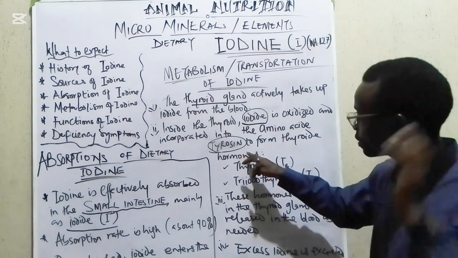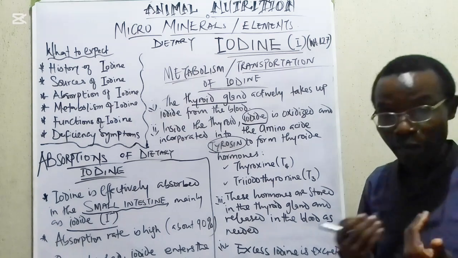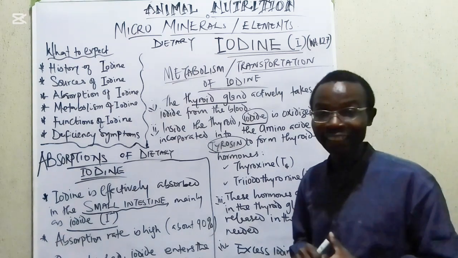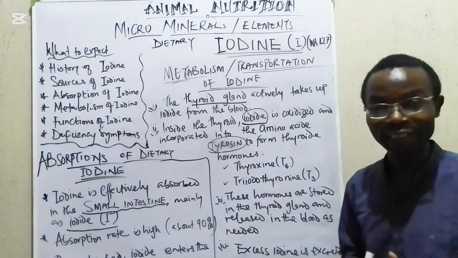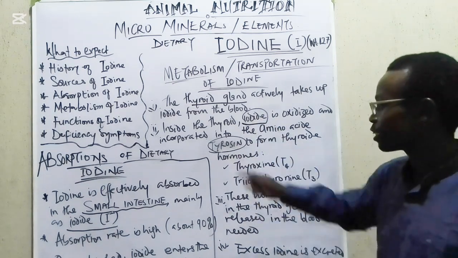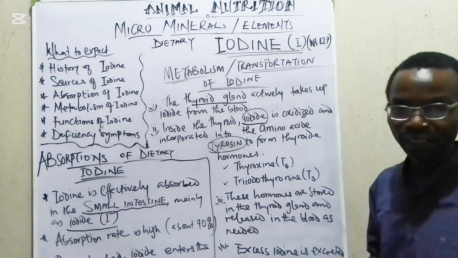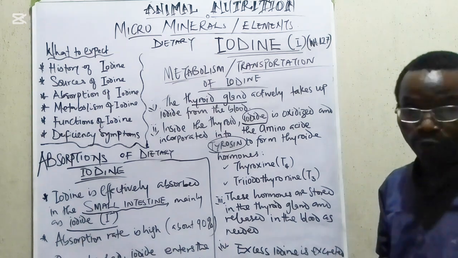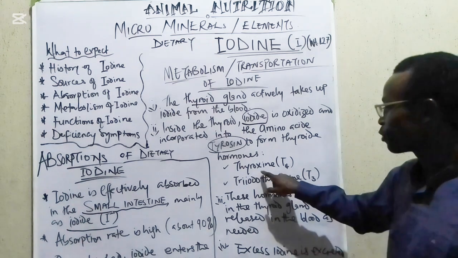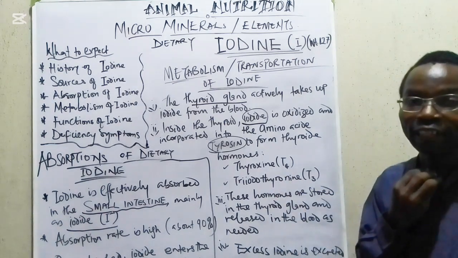So from this iodine, or iodine, depending, in my part of the world it is called iodine, and I think in the United States you call it iodine. So iodine and tyrosine combination forms about three hormones. One of them is thyroxine, which is produced in the thyroid gland.